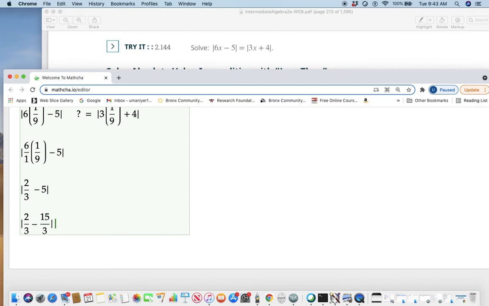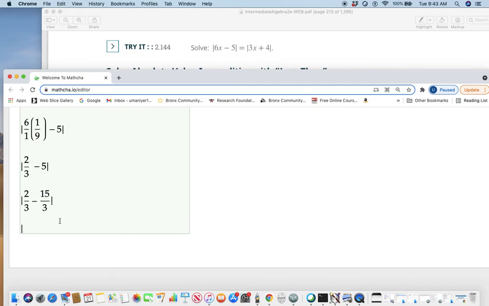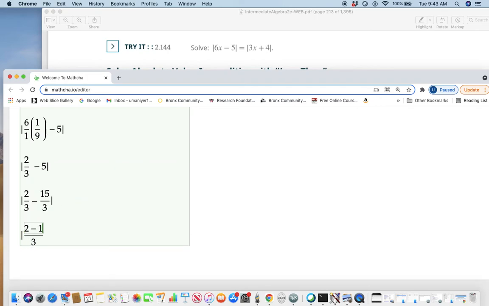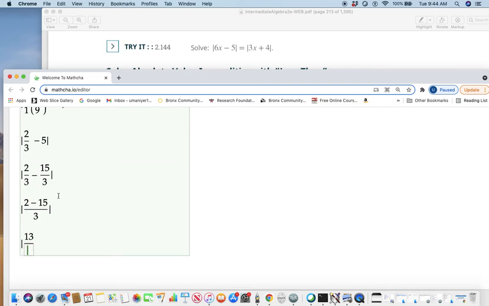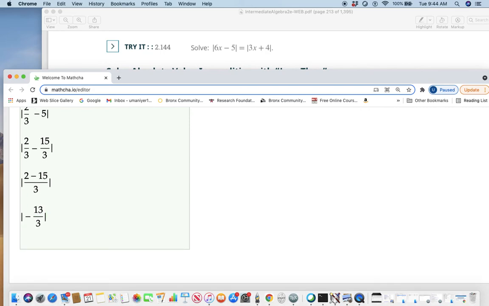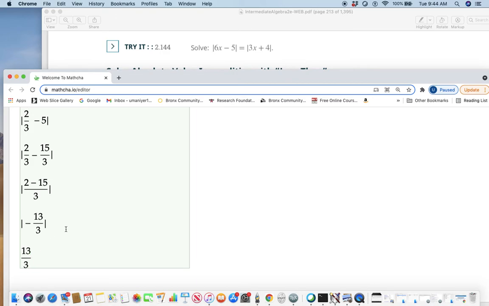So this gets you absolute value, you have common denominator 3. 2 minus 15. What is 2 minus 15? Negative 15, positive 2. So that is absolute value fraction negative 13 over 3. So eventually it is positive 13 over 3. Okay, absolute value of a negative number becomes positive. So that's your left hand side.